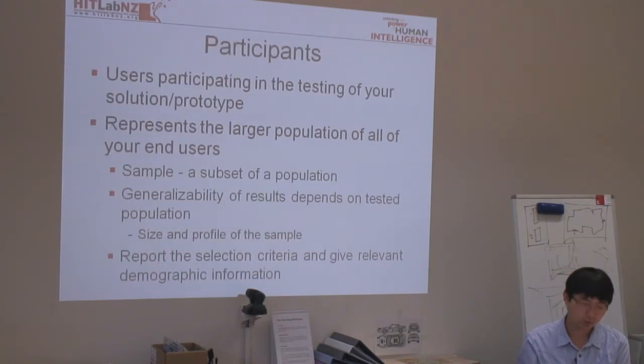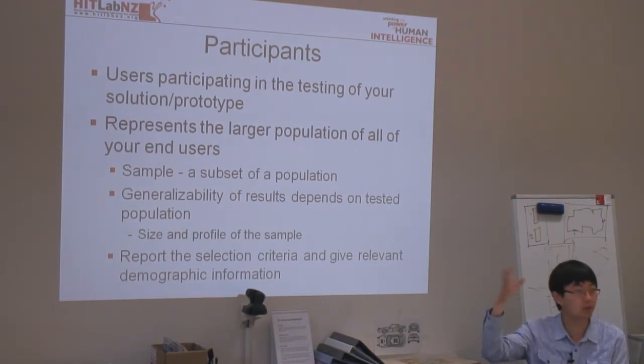So users who are participating in your user studies are called participants, of course. There are different terms that you can use: users, participants, subjects. But usually participants is the safest way to present them, because if you just say users, it sounds like just the general users you have outside, which is not related to your user study.